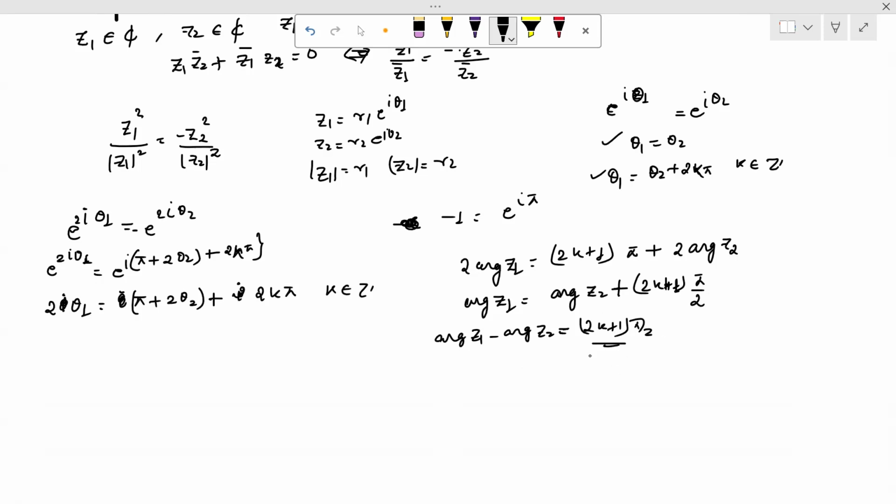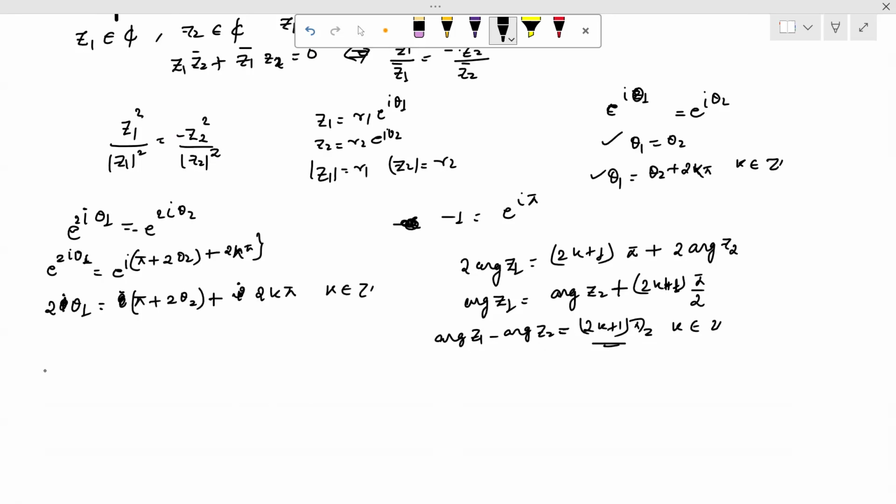Not even, because even would give you what? If it is 4, then it will give you pi. So it's not a multiple of pi, it's multiples of pi by 2 such that the pi by 2 structure remains intact. That is, you can say the angle between z1 and z2, if you express them vectorially, is 90 degrees.